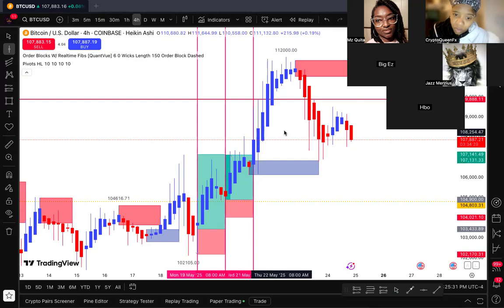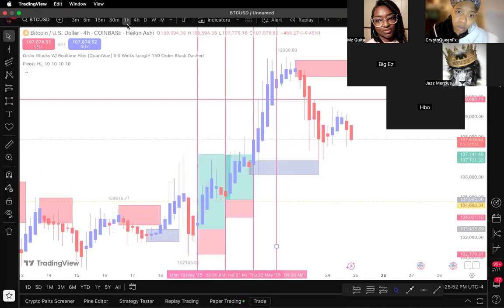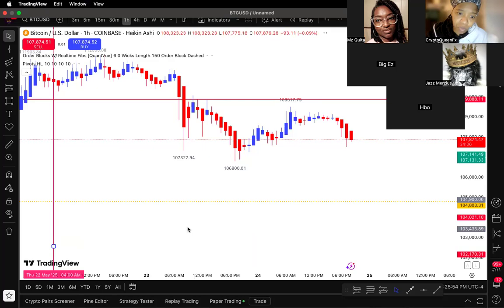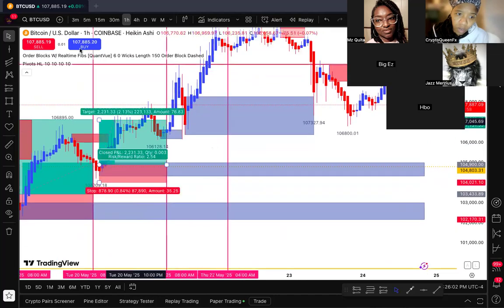Yeah, entry patterns. But it definitely gave you those entries right after 8 o'clock.